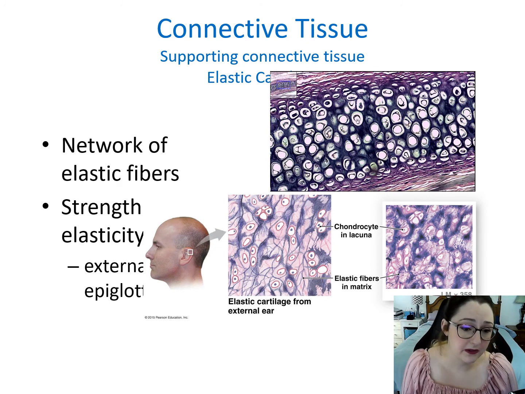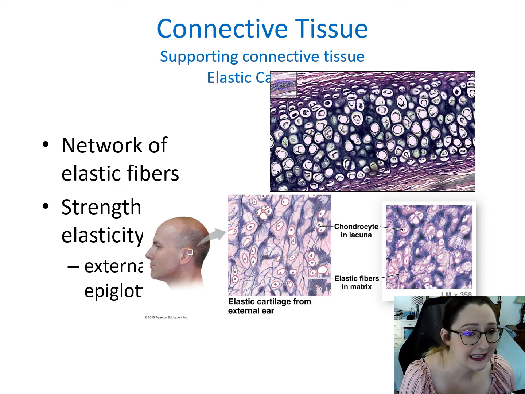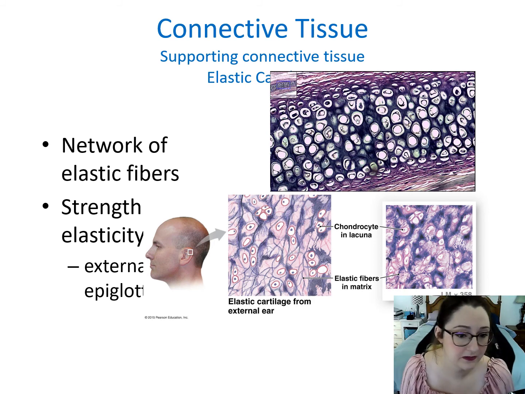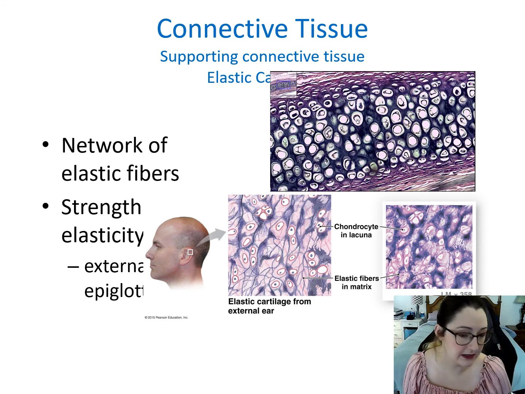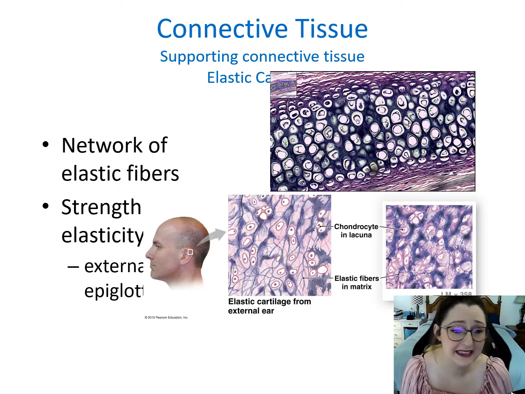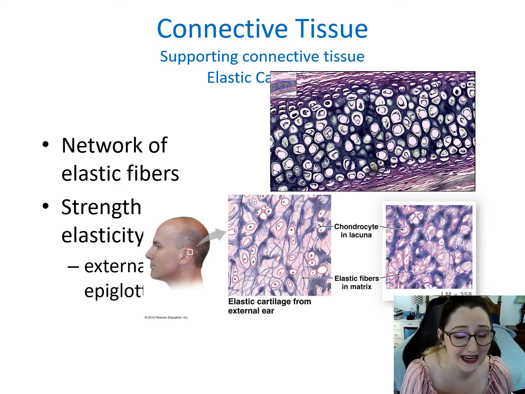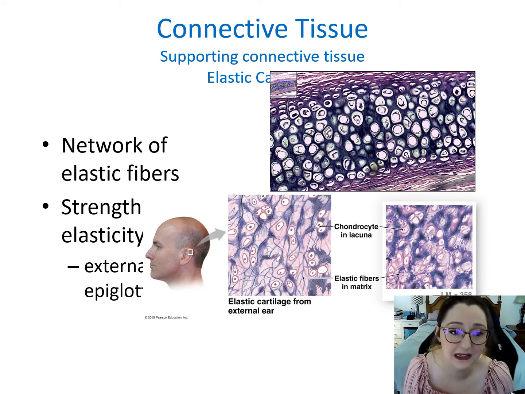The next type of cartilage is going to be elastic cartilage. Sorry for all these pictures kind of covering up some of the text. This is going to be a network of elastic fibers, and they're going to be more densely packed together, these lacunae and the chondrocytes, compared to hyaline cartilage.